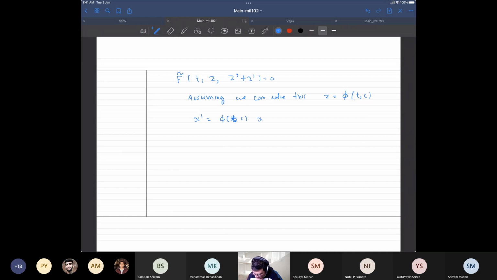And this is a linear first order equation, and you can solve this.